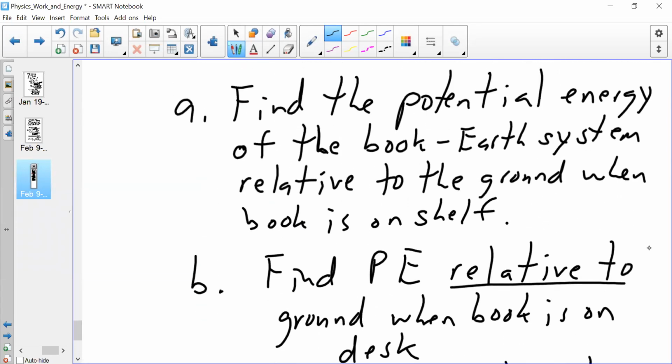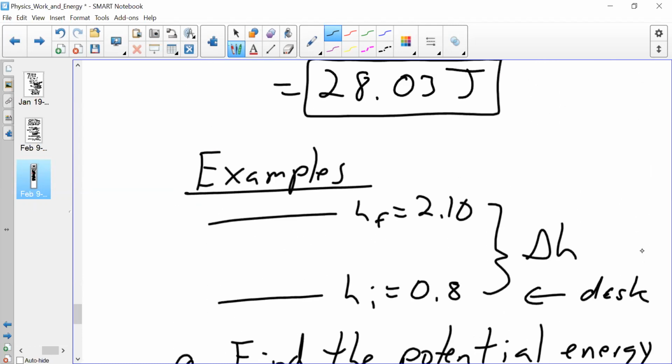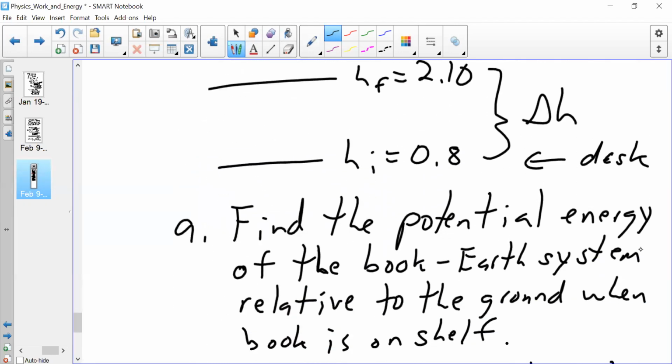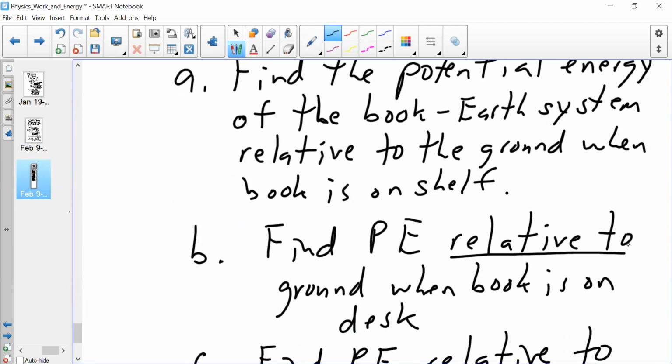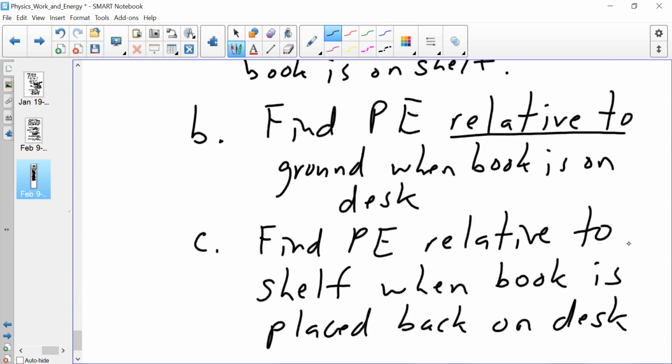So first thing, okay, we got the potential energy in an example there, and the problem. So now we're going to find the potential energy of the book Earth system relative to the ground when the book is on the shelf. We're going to go all the way from ground to the shelf. In part B, find the potential energy relative to ground when book is on the desk. And then find potential energy relative to shelf when book is placed back on desk.